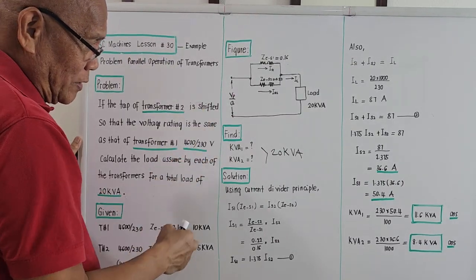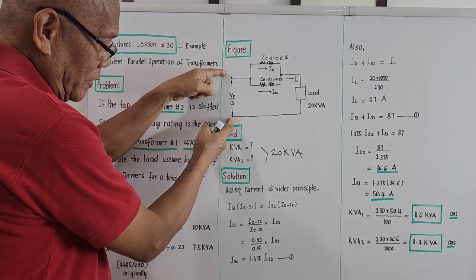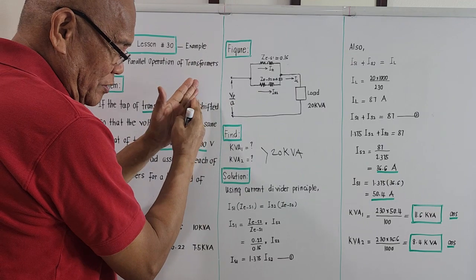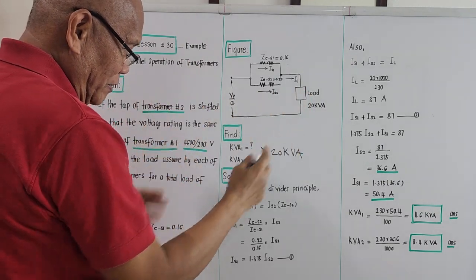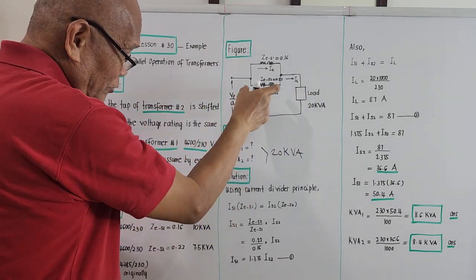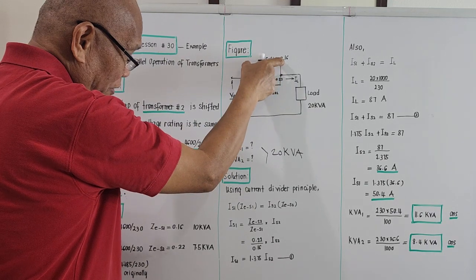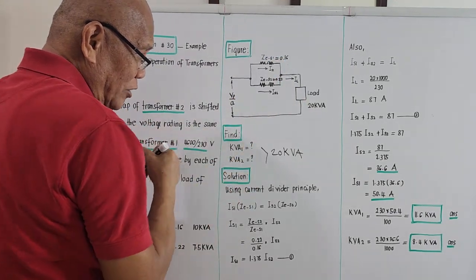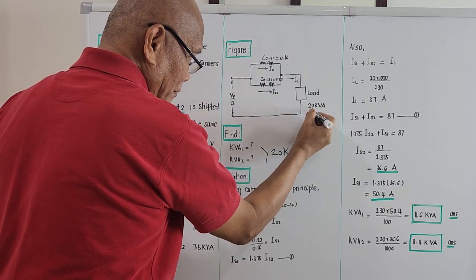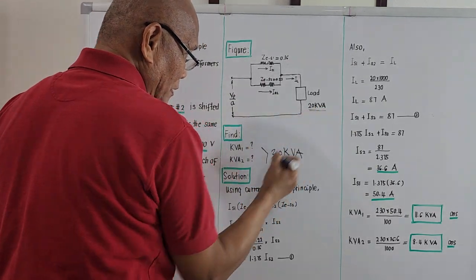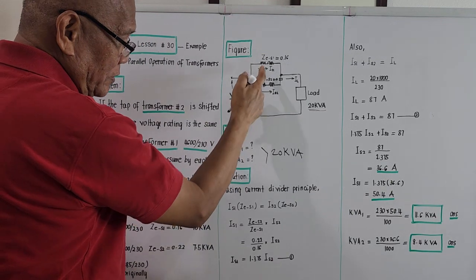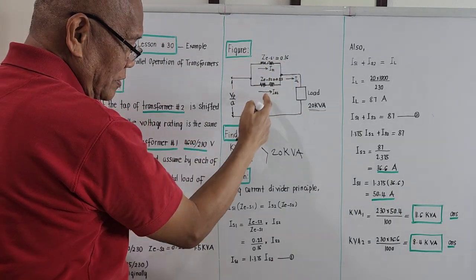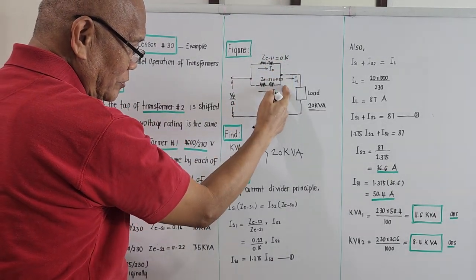This is the simplified circuit diagram, and we have two transformers delivering a load of 20 kVA. This is Z_S1 = 0.16, this is Z_S2 = 0.22.